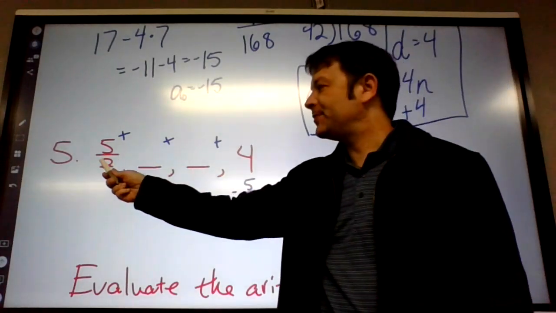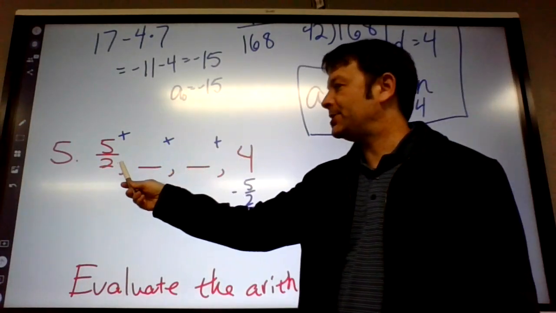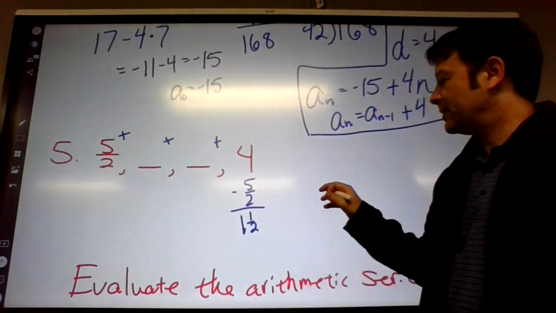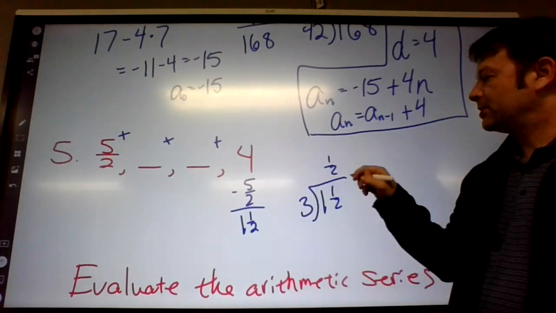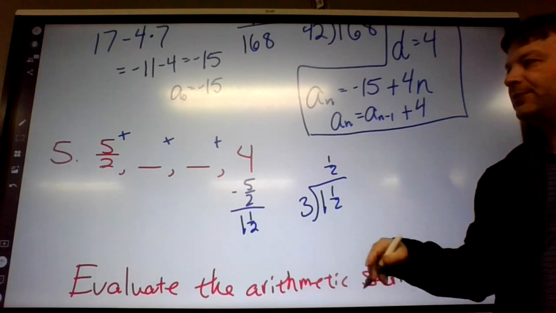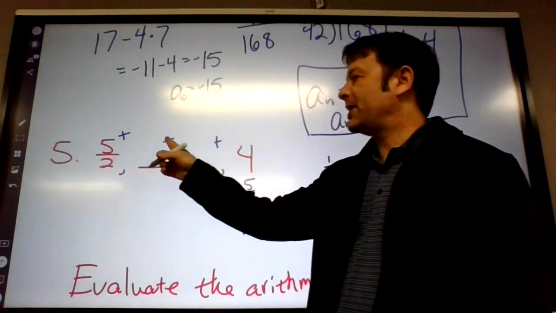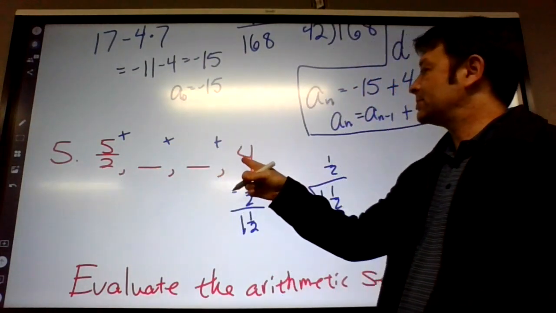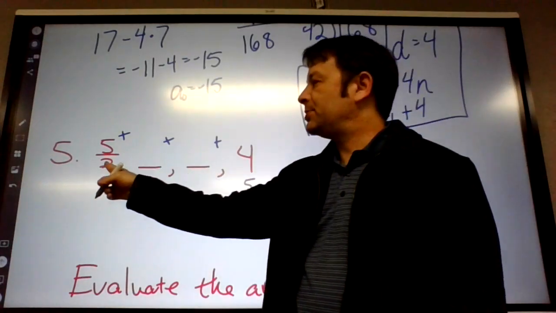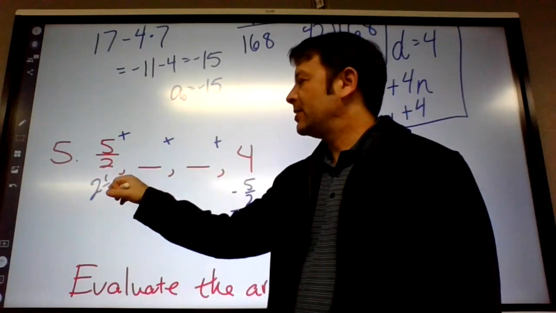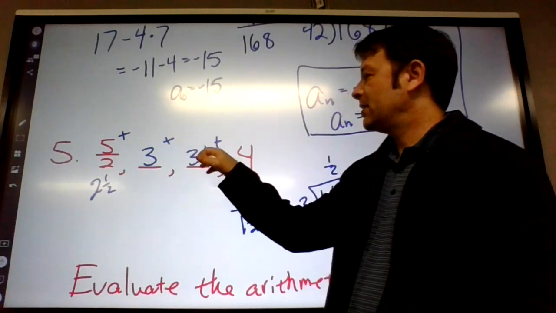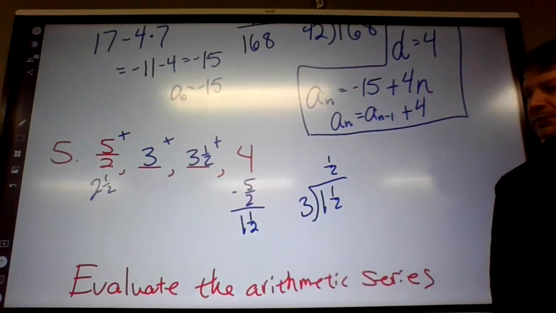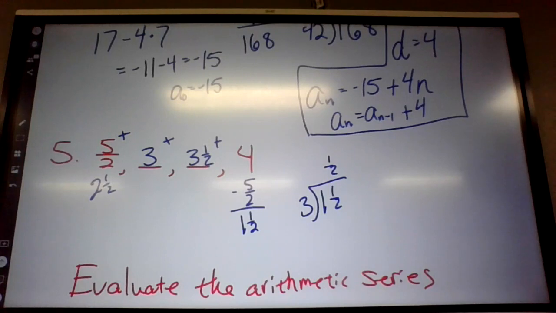So that's the difference from here to here. So how do I find out what each step is? Divide by 3. So 1.5 divided by 3 is like a half. So this is a plus a half every step. That's the common difference. So 2.5 plus a half is 3, plus a half, 3.5. Any questions on that?